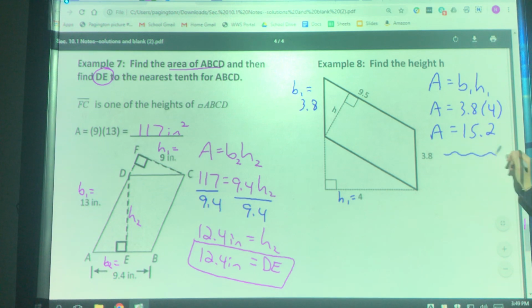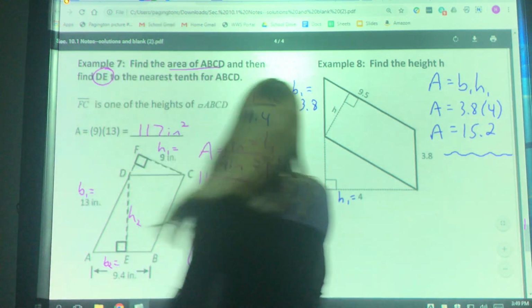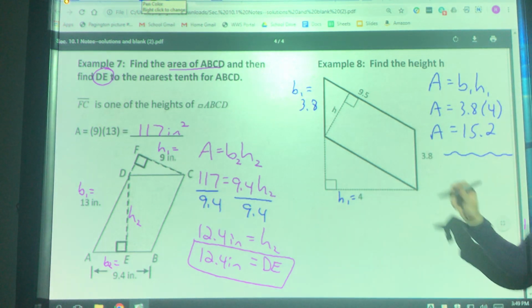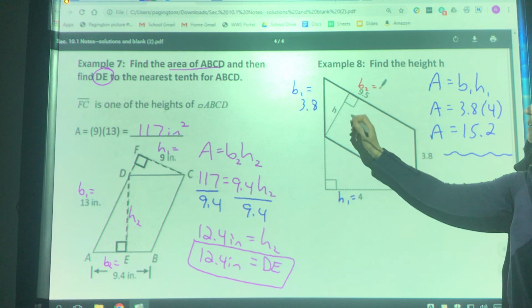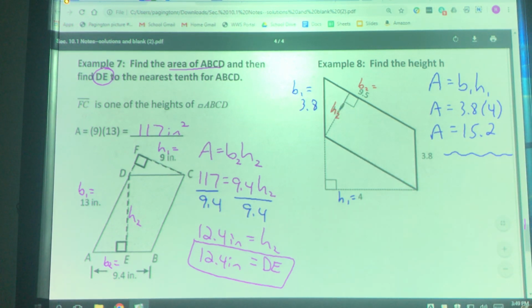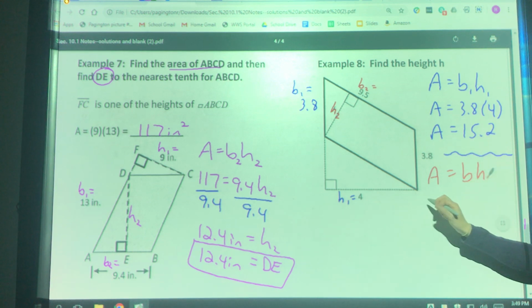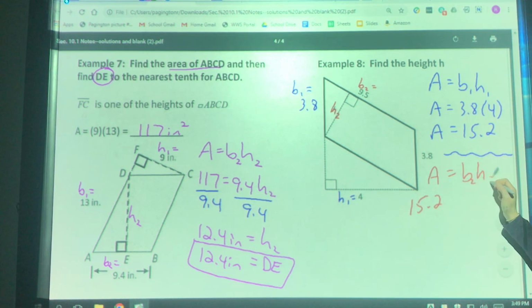Okay? But now I need to do a little more work. And so in this case, again, here is my base 2, and here is my height 2 that I'm looking for. So again, if I use my parallelogram formula again, this time I still know the area is 15.2, but I'm going to use base 2 and height 2.